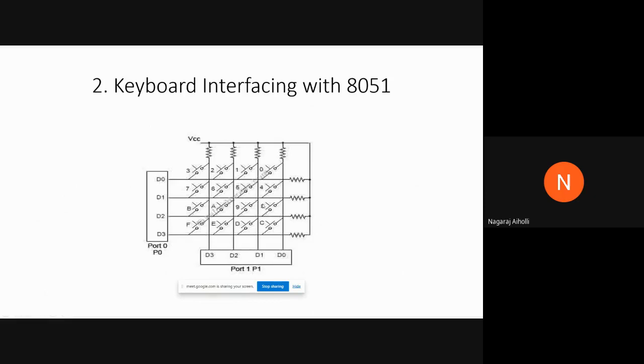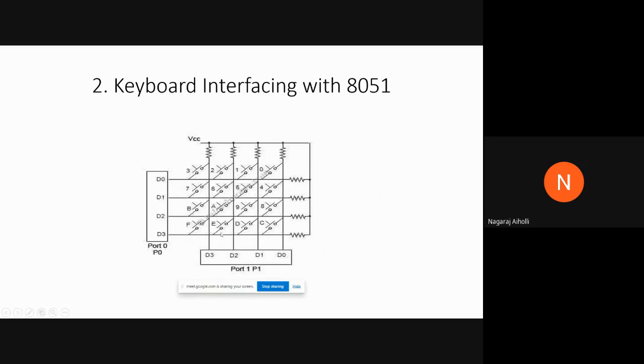Now when there is no key press, VCC is connected to the columns. That means all the port 1 pins, D3, D2, D1, D0 of port 1, are high. They are 1. Next, on port 0, 0 is sent on all the rows.